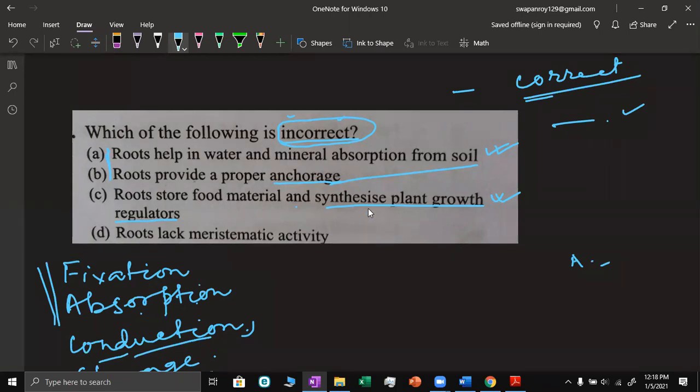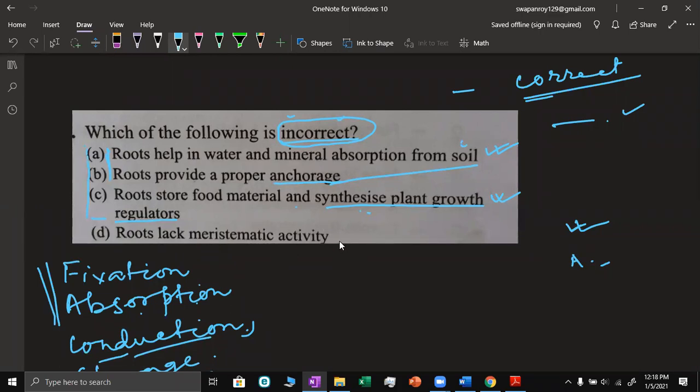The dividing cells are there in the root meristem. So in the root, the growth regulator also is synthesized. These are all the main functions of the root. So this is correct, this is correct, this is correct.